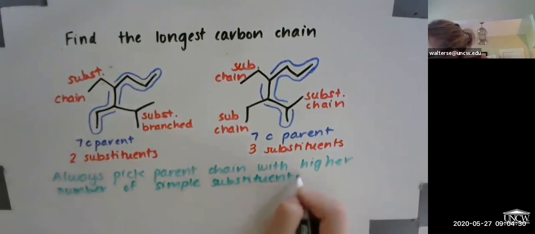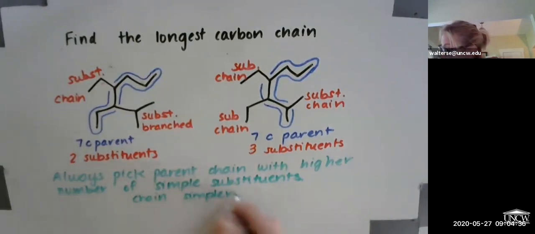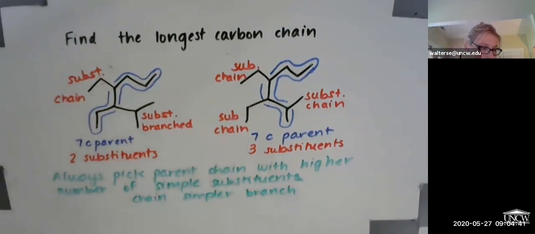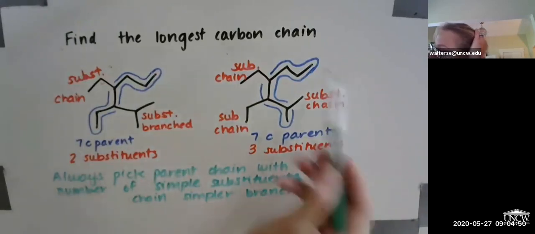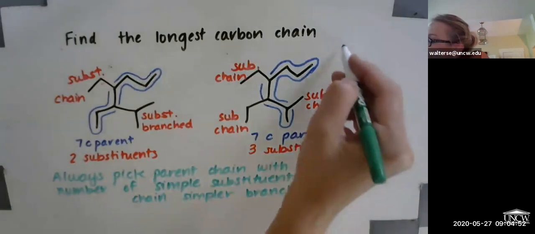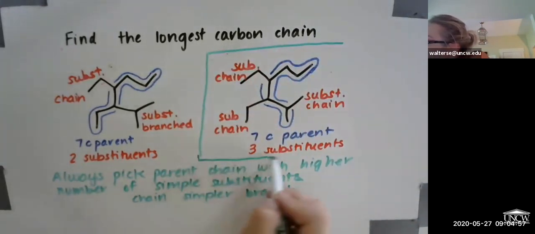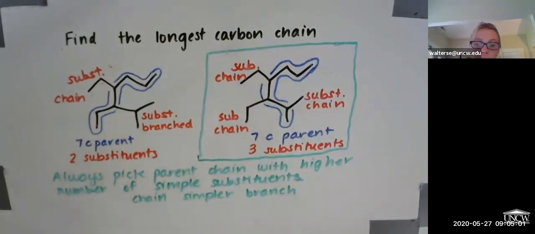And the chain is simpler than a branch. So even though this only has 2 substituents, it has a branch. This has 3. So this one over here is going to be the parent chain that we pick.